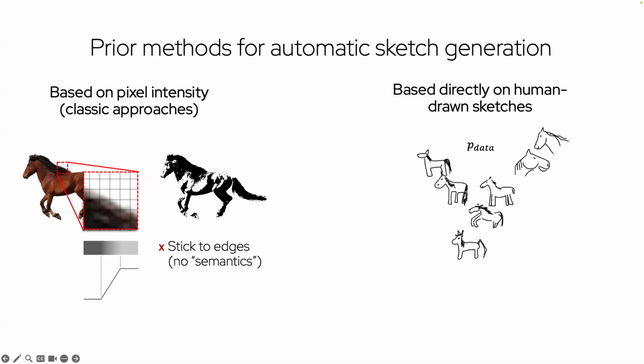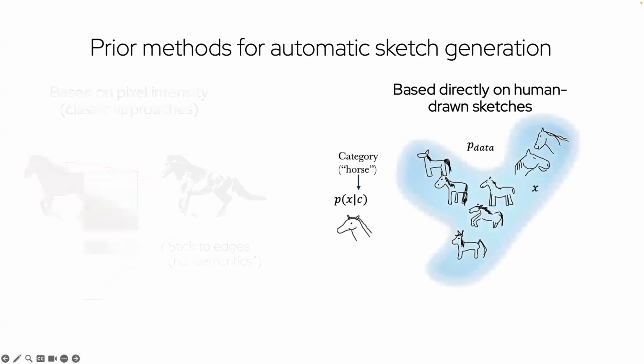And to overcome this later on, data-driven approaches try to generate abstract sketches by learning directly from human-drawn sketches. So if we have access to some big data of, for example, sketches of horses, maybe we can train some generative model that with high probability could generate a new sample that is likely from this distribution. But these methods have some inherent limitations.